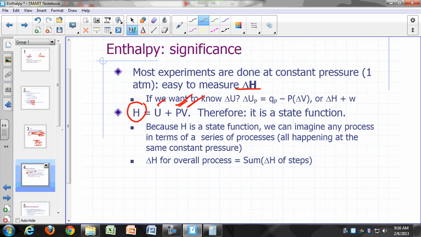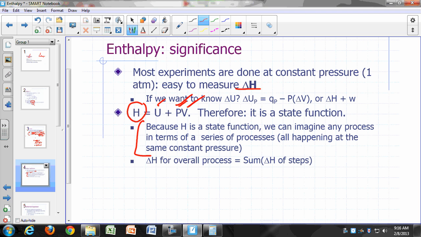So it's a better quantity to deal with than Q, because Q is a path function, and we don't really like path functions, because they depend on what actual path you take. If you want to tabulate results, you kill a lot of trees tabulating all the results for all the possible different paths. Whereas if you just have values for state functions, then you can summarize all of your experimental data into much fewer pages.